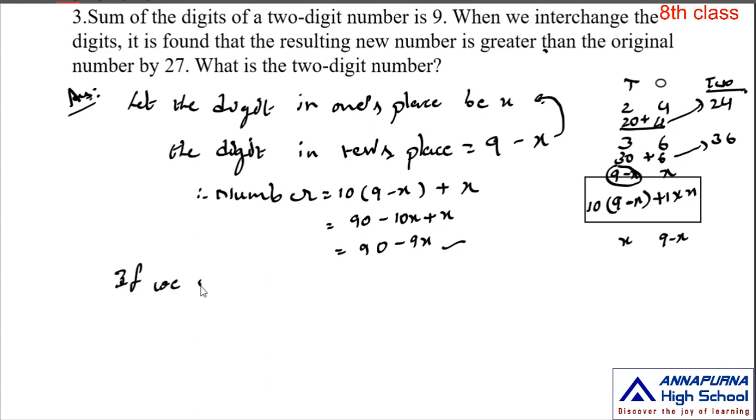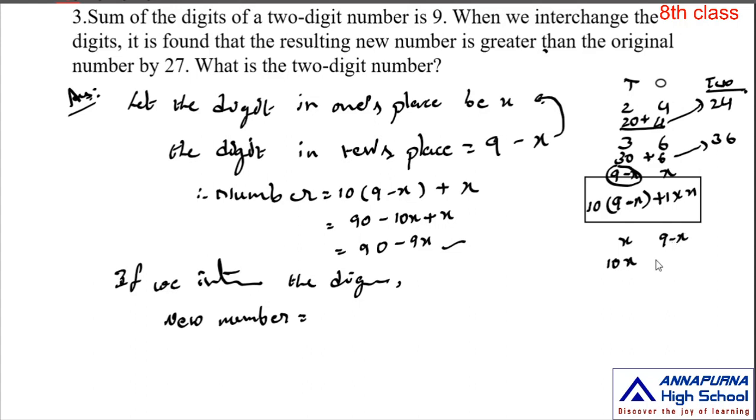If we interchange the digits in the two-digit number, then the new number, that means the resulting number, is, so now the digit in tens place is x, so its place value is 10x.